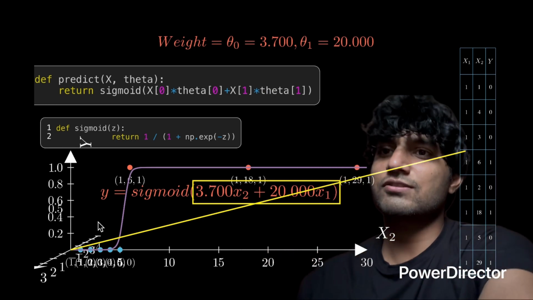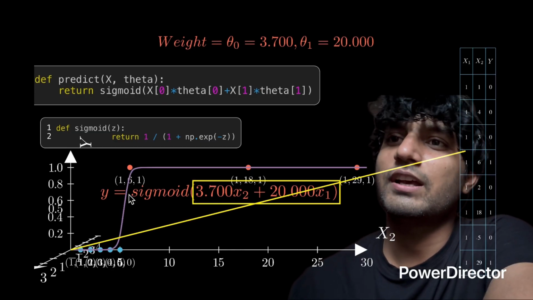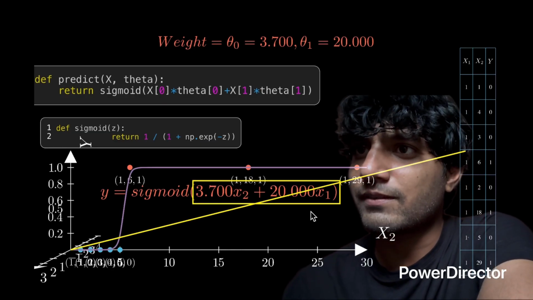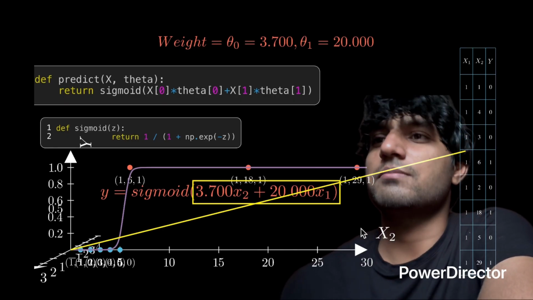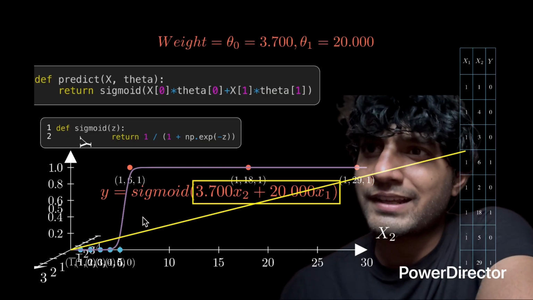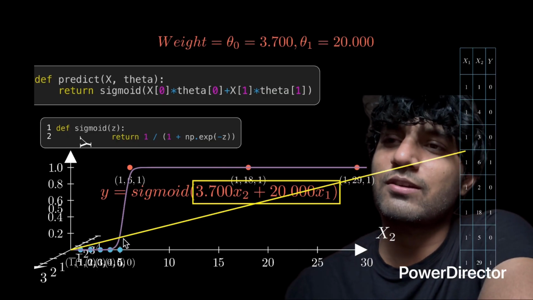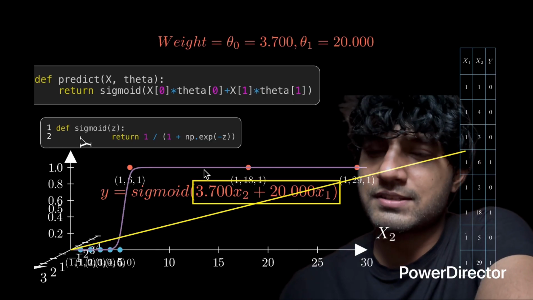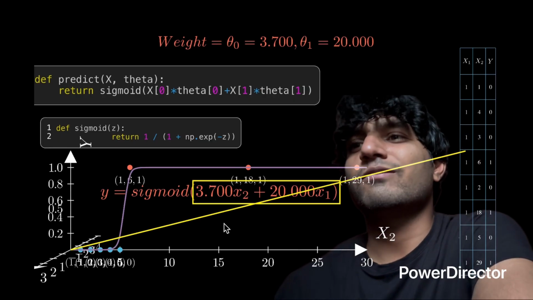Here we can see this yellow line segregates these data points quite well. One could also be a horizontal straight line, which could also be a good decision boundary. But this one is the farthest if you find the distance between all these data points and the yellow line. So this is one of the decision boundaries.